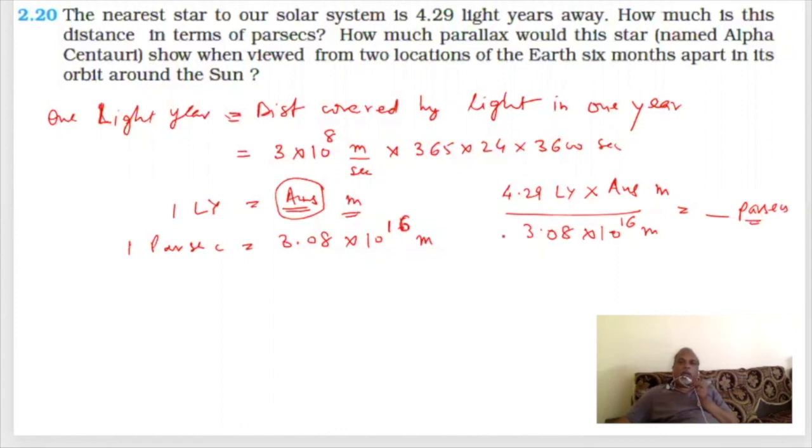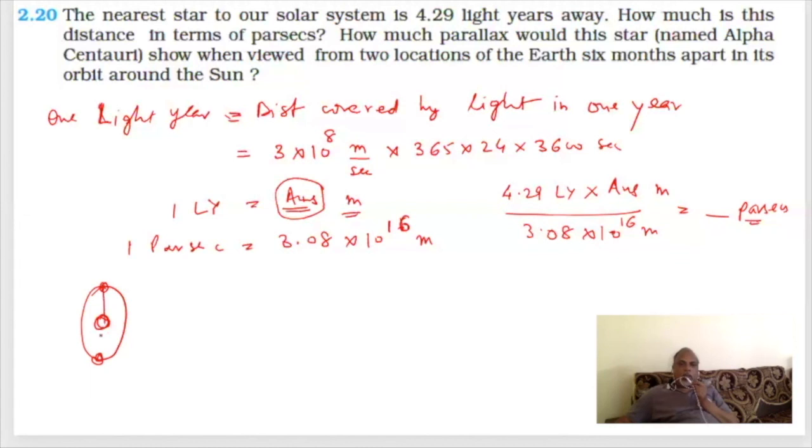How much parallax would this star Alpha Centauri show when viewed from the two locations of the Earth's orbit, 6 months apart? So it is again the same thing. This is your sun, this is your Earth, and the Earth is separated by two positions 6 months apart.